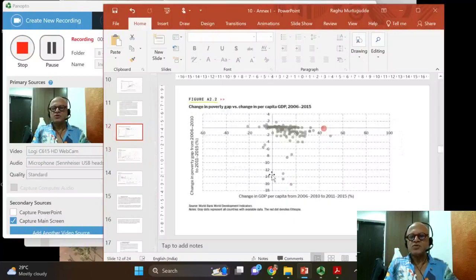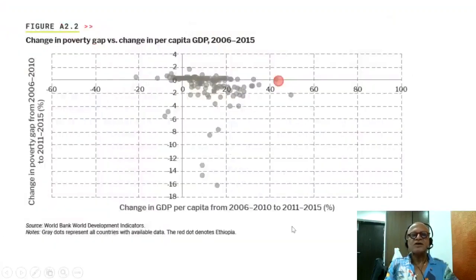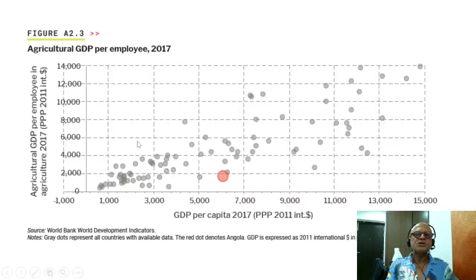Okay, so we looked at this one, and now let's look at this indicator here. We looked at this. So agricultural GDP per employee in 2017, again comparing GDP per capita for purchasing power parity pegged to 2011 international dollar. Gray dots are all countries, and the red dot here is Angola. So agricultural GDP per employee in agriculture is not at all increased compared to the GDP per capita.